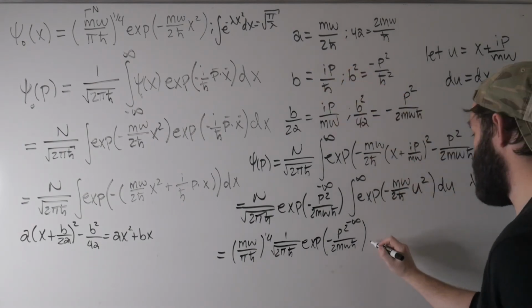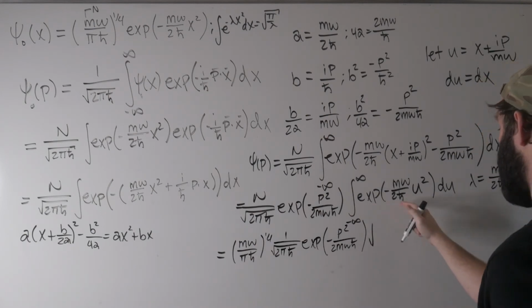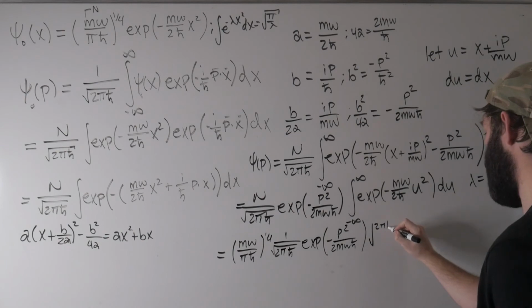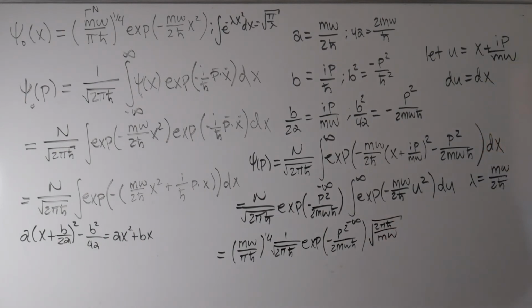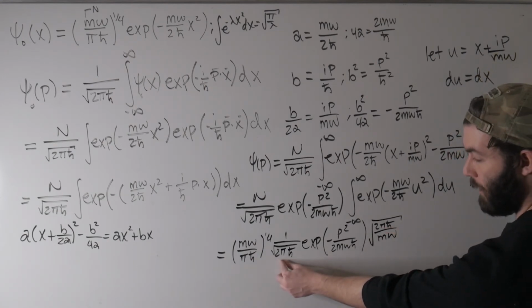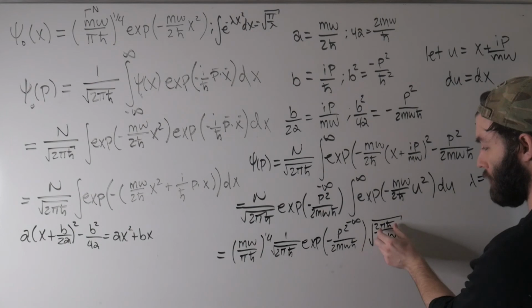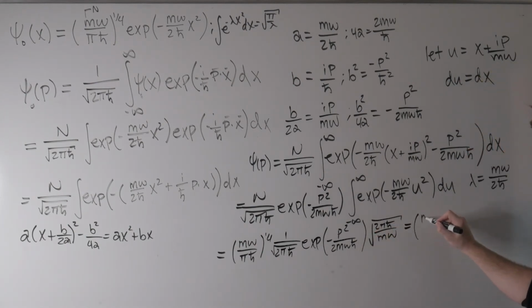So that's just going to give us another factor of root 2 pi h bar over m omega. And that's one of the beauties about the Fourier transform, is this stuff always ends up canceling. The 2 pi h bar here cancels with the 2 pi h bar here. So this is just equal to m omega over pi h bar.